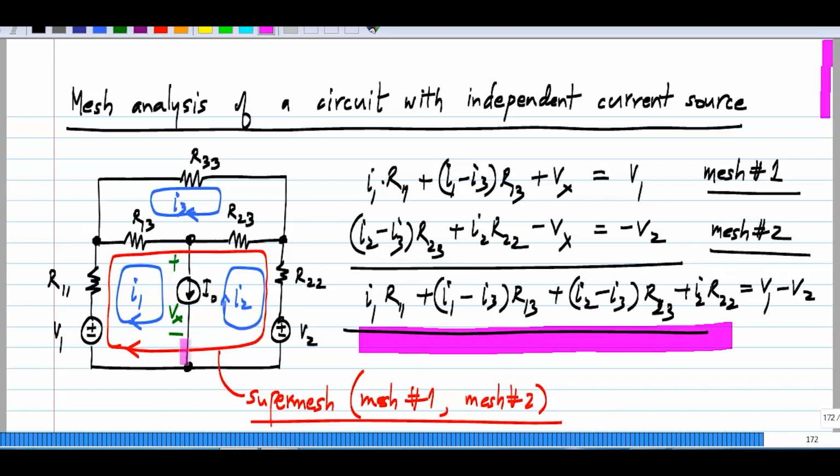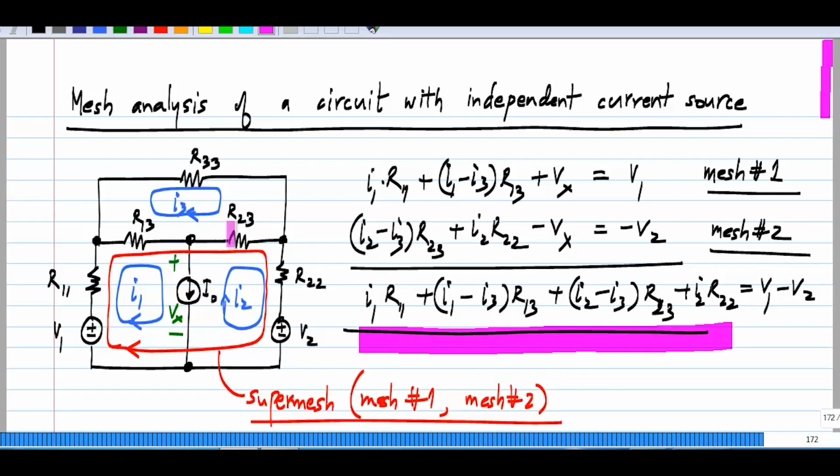So by forming a super mesh, we can eliminate this problem of not knowing the voltage across this independent current source. This is like forming a super node to not worry about the current that is flowing through the independent voltage source in nodal analysis.